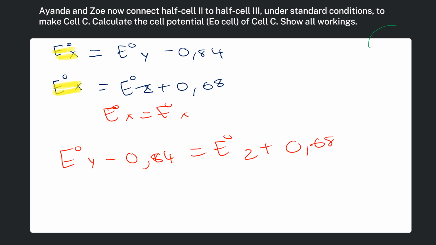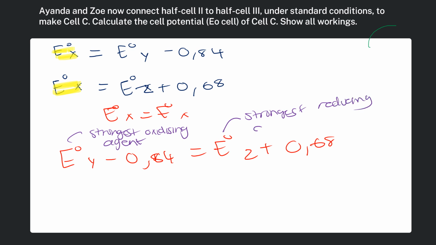But based on our previous question, we understood that Y is our weakest reducing agent, which makes it our strongest oxidizing agent, and Z is our strongest reducing agent. What this then means is that this will be reduced, so we're going to see this at the cathode.